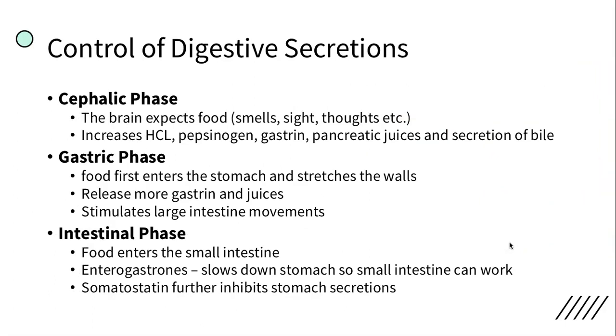There are 3 phases that control digestive secretions. The first is the cephalic phase, and if you remember the word cephalic, you would think brain. This all starts working the second that your brain starts to expect food. You might smell it, I can smell that pizza in the oven. You could see it. You might even see a McDonald's sign if you like McDonald's, and even that will get your stomach rumbling, right?